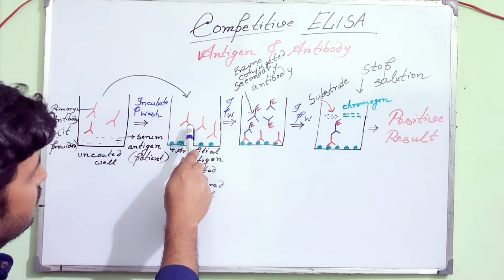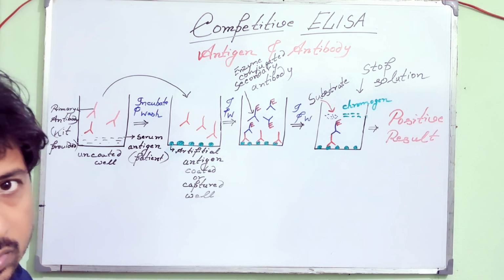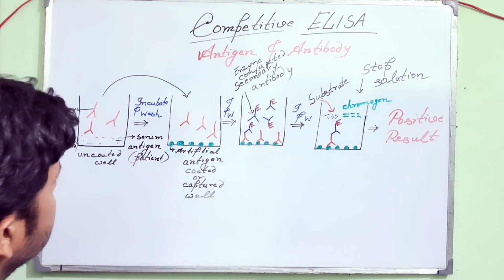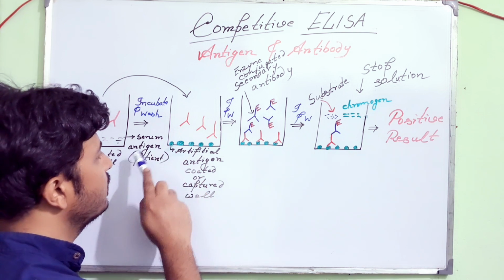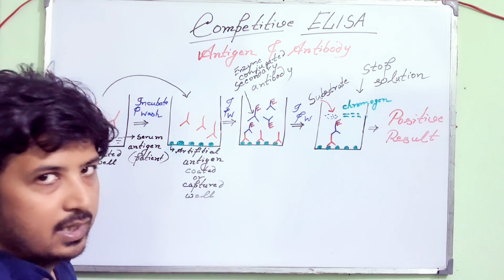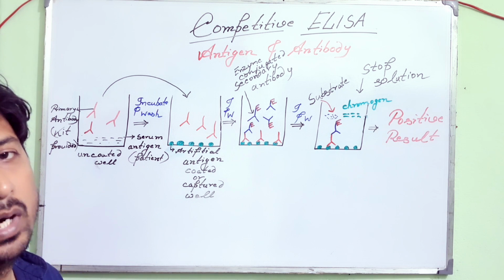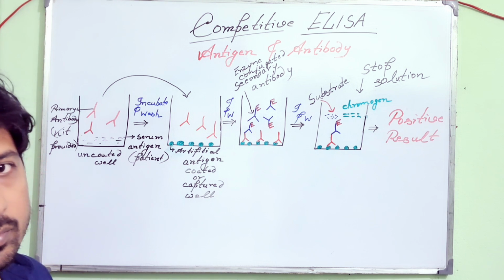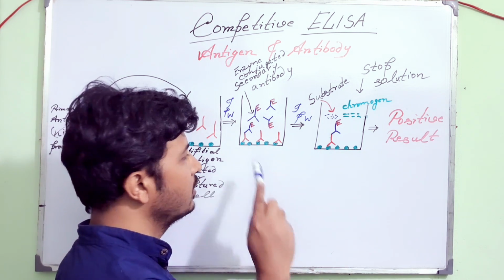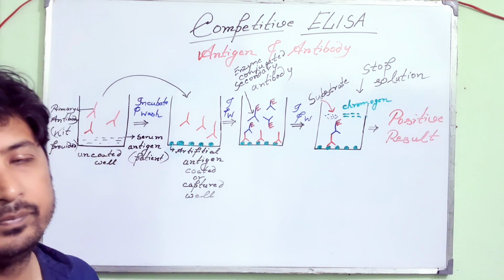So the antibodies are free to bind to any antigen present there. Here they will not find the original antigen, but the artificial antigen is coated there, waiting to be bound by the primary antibody. So the primary antibody will easily bind to the artificial antigen.